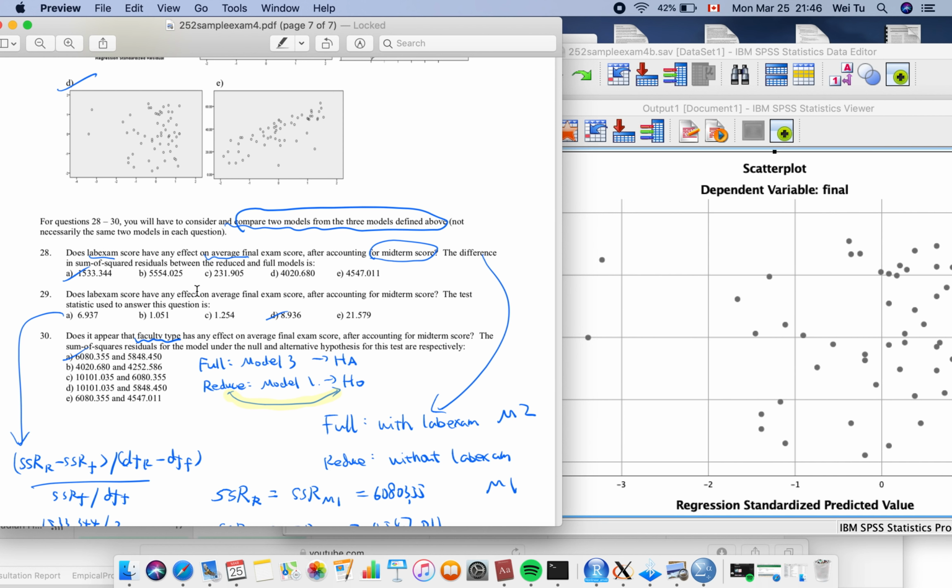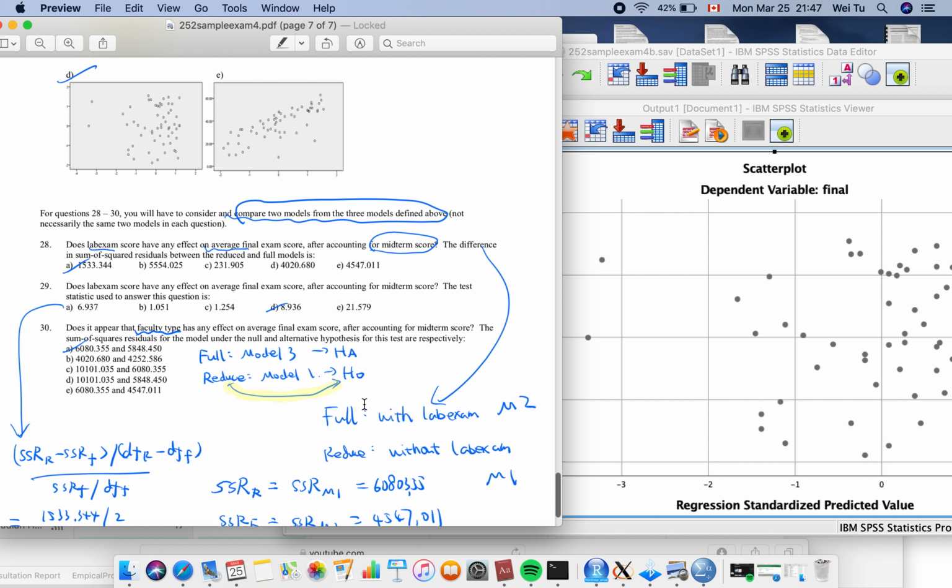Finally, the last section is the extra sum of squares section. In this case, we have three models, so you have to pick the two right models to compare. Question 28 says, does lab exam score have any effect on average final after accounting for midterm? So accounting for midterm, we're testing whether lab score matters.